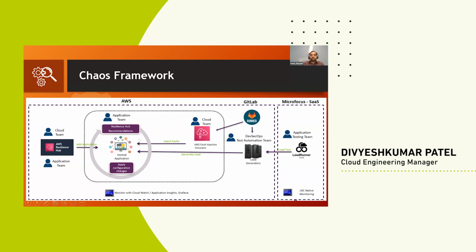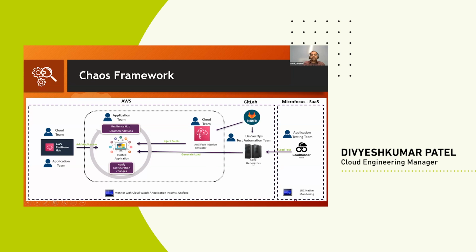Once this step is done, we know our application is stable and resilient enough. But now we go to the next step, where we generate load on the application through LoadRunner, and at the same time, we inject failures through FIS.